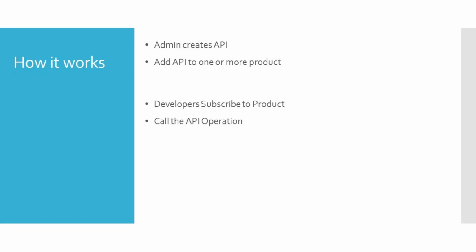Admin mainly creates APIs and adds them to one or more products. So we can say that admin plays a publisher role. On the other side, developers subscribe to products published by admin and call the API operation to understand the request and response behavior.